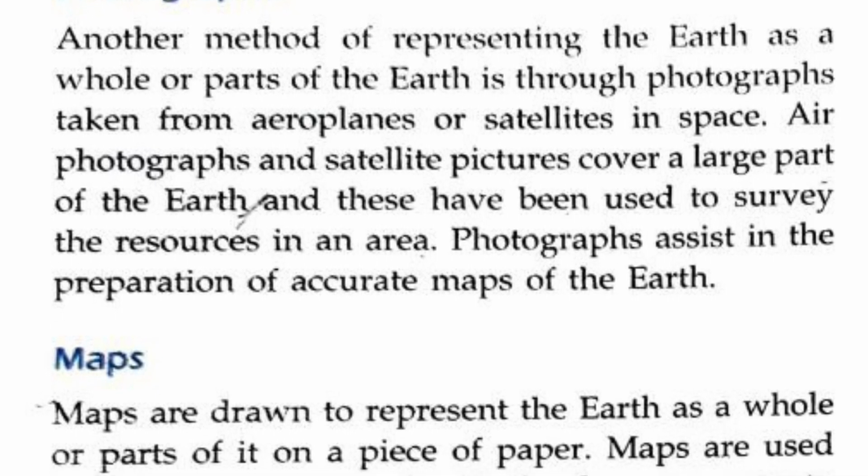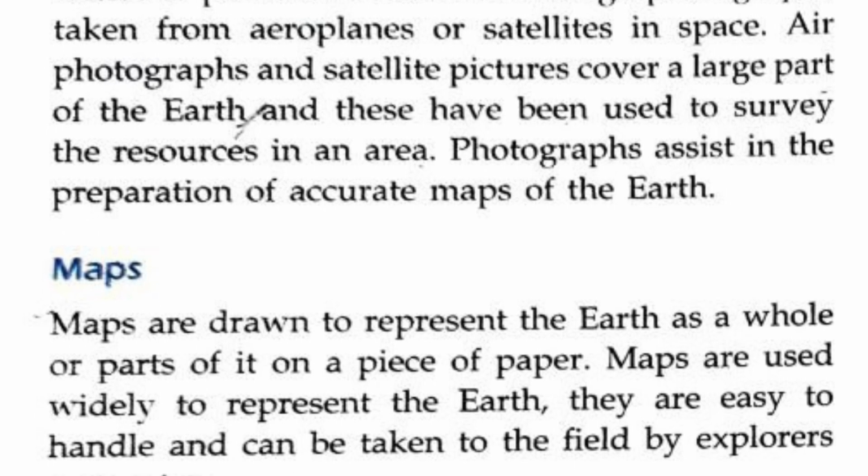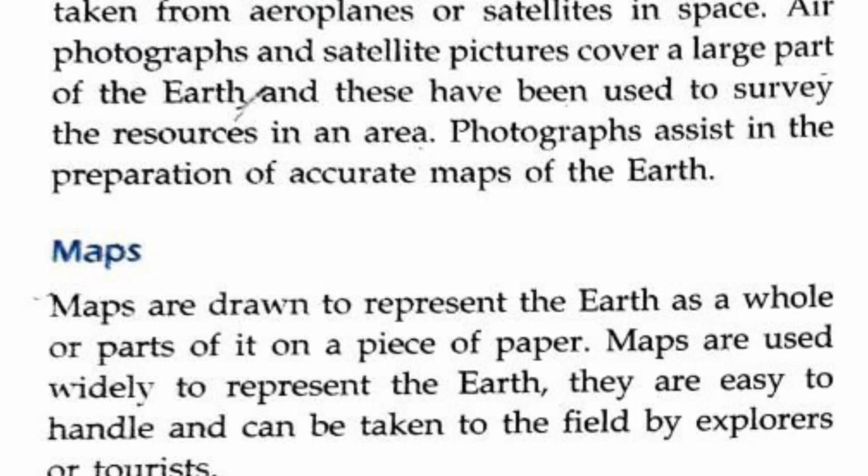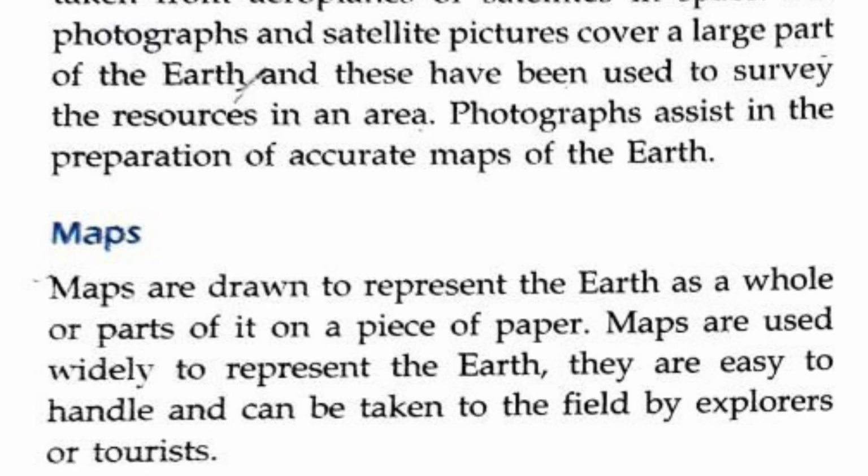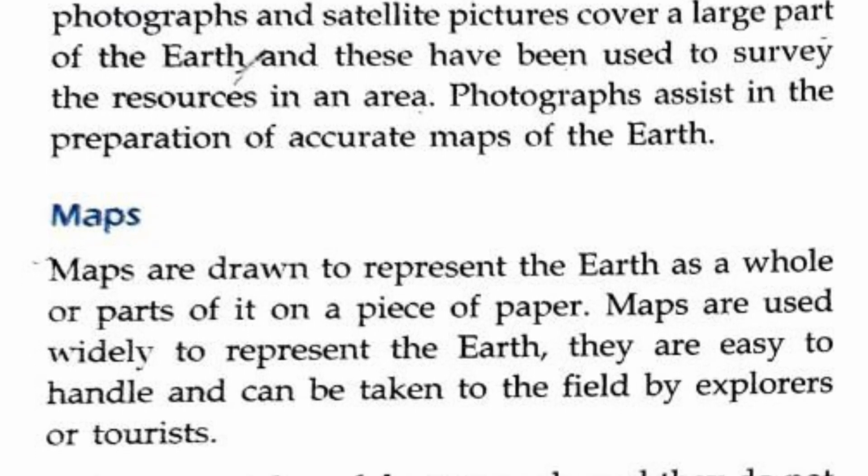Air photographs and satellite pictures cover a large part of the earth and these have been used to survey the resources in an area. Photographs assist in the preparation of accurate maps of the earth.